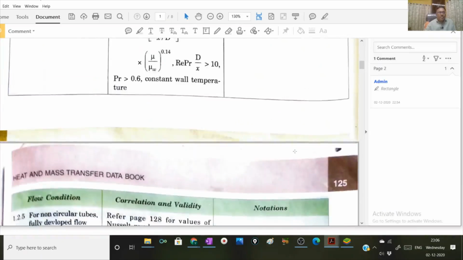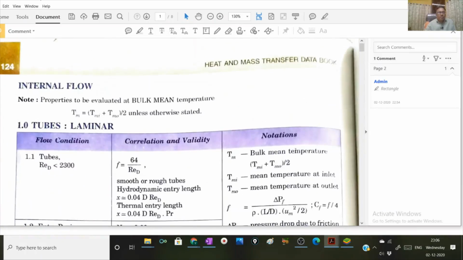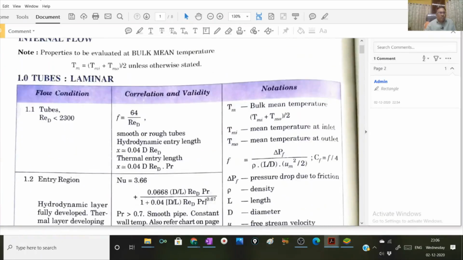If I refer to page number 124 for internal flow, equation 1.1 says f is equal to 64 over Re D, where f is called the friction factor.